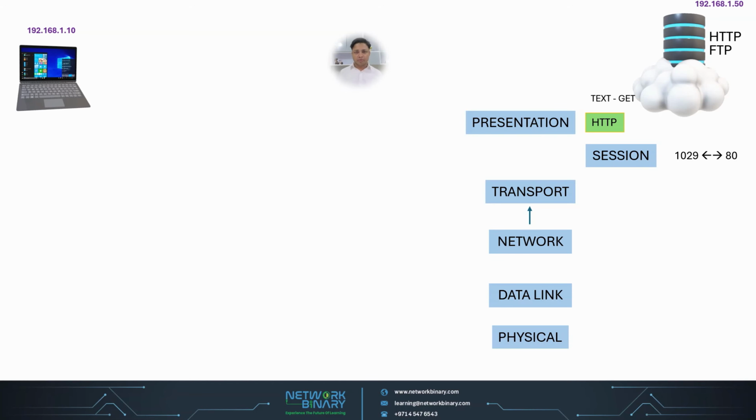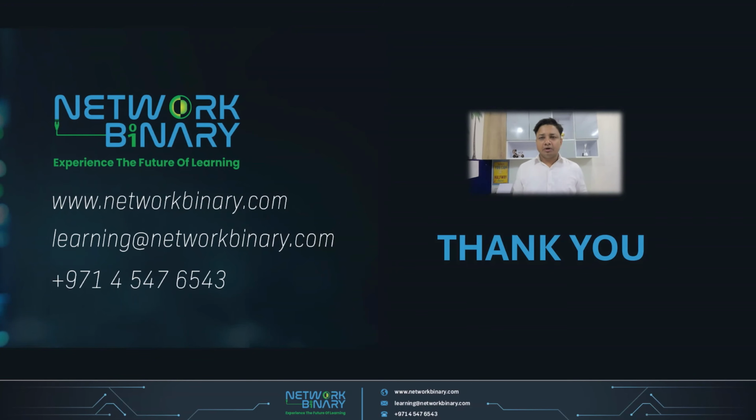There is no problem with this one. Probably it will understand it. So it forwards that GET request in the text format to the application layer. And then the application layer is going to process that request within the engine of this device, within this server, sorry.